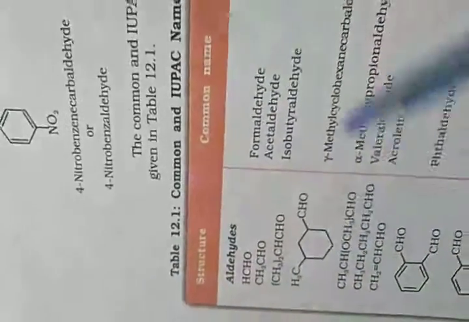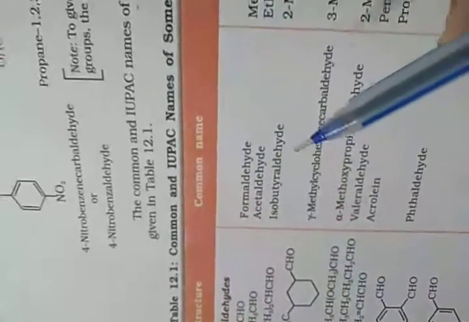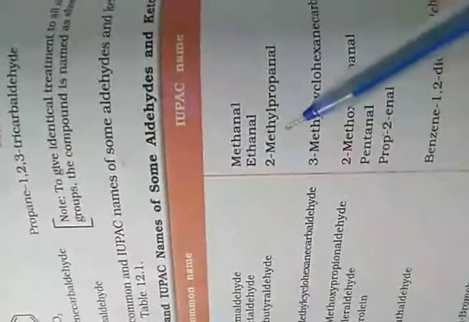Third is 1, 2, 3, propionaldehyde, but in IUPAC we will say propanal. From propane you cut and give propanal. So these are the names in the list. You have to practice this, okay, students.